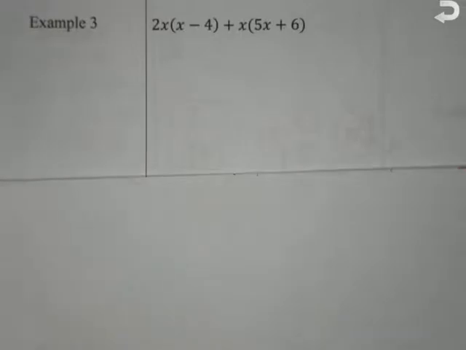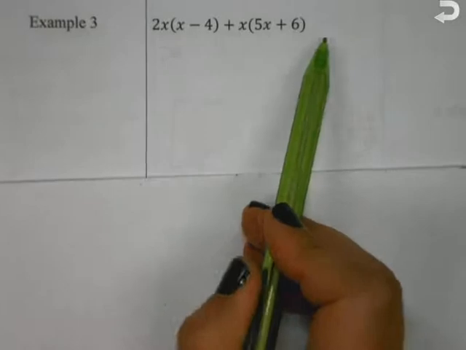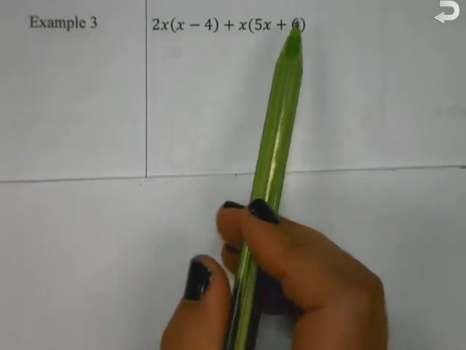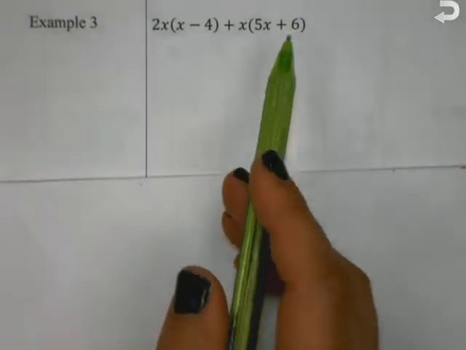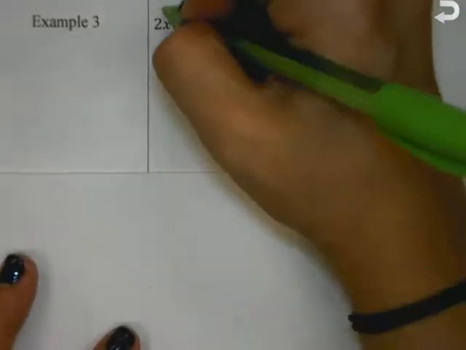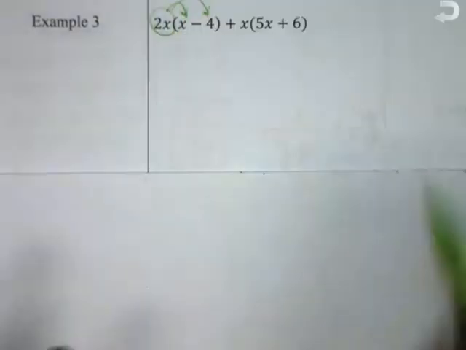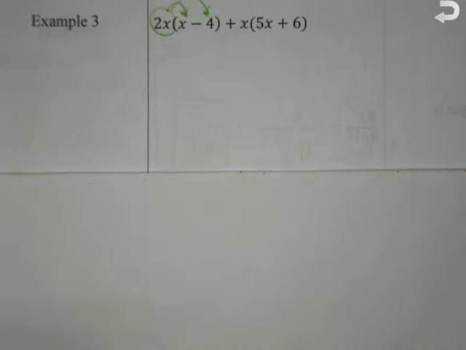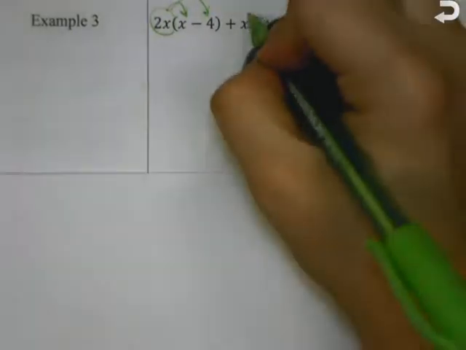Example 3: 2x times x minus 4 plus x times 5x plus 6. We will always follow order of operations first. So before, when we were working with just numbers, what did I have to do first? Starts with a D, ends with an distribute. Yes, distribute. So distribute the 2x into the parentheses it's attached to, and distribute the plus x into the other parentheses.